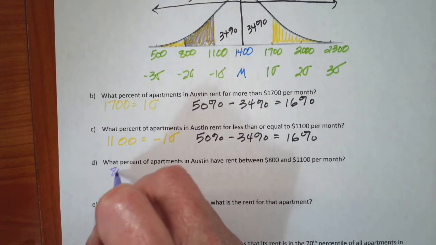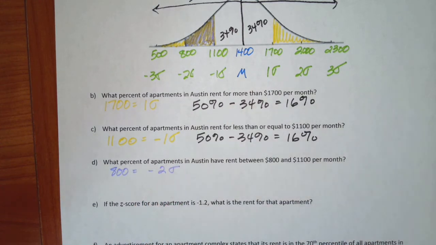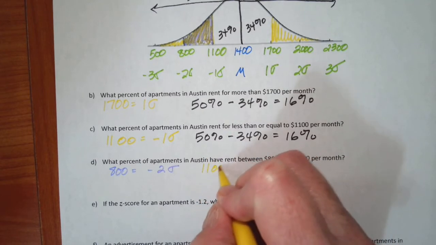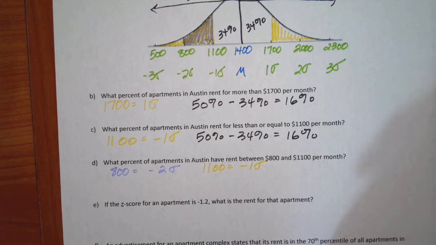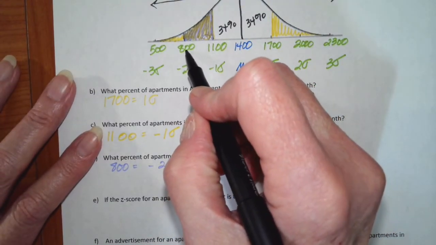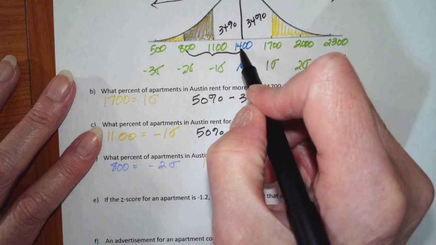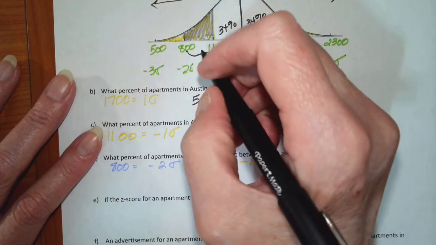I know 800 is -2 standard deviations, and I know 1100 is -1 standard deviation. Well, I know everything from here to here is 47.5%.